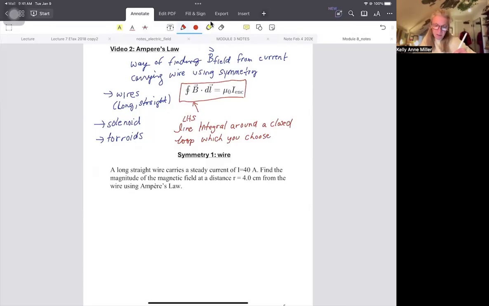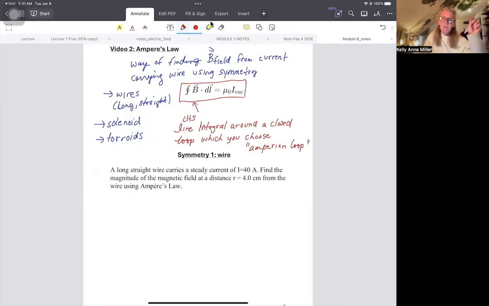Okay, and this closed loop is referred to as an Amperian loop. And it's similar to Gauss's law where you can draw any loop that you want.